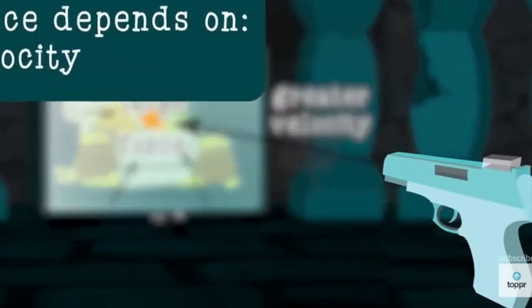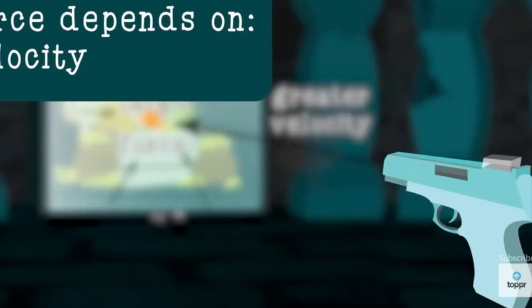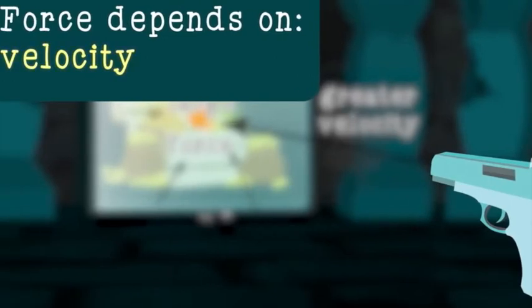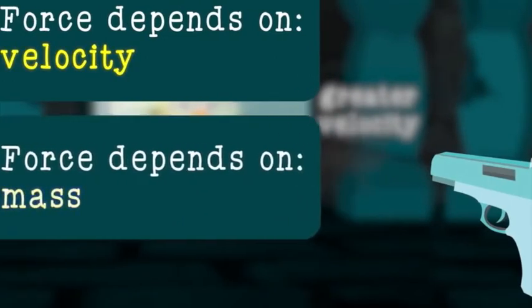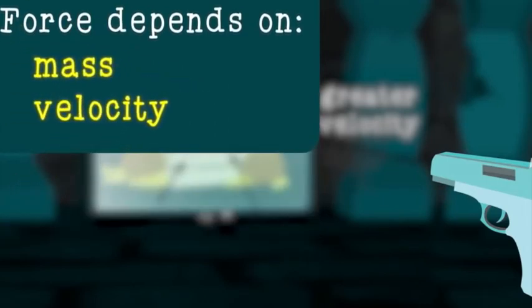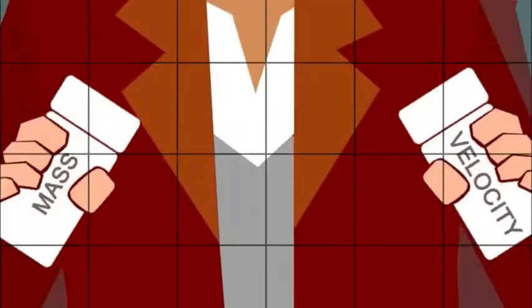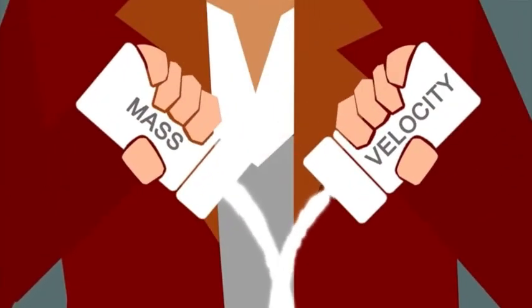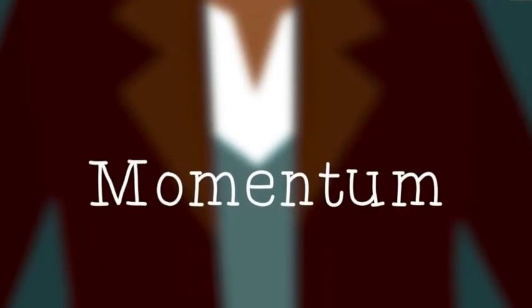This is the plan. So you realize one more thing. Force must depend on velocity and how much acceleration it has. And there you go. Knowledge is power. A long time ago, Newton discovered that if you combine mass and velocity, boom, this idea of momentum came together.